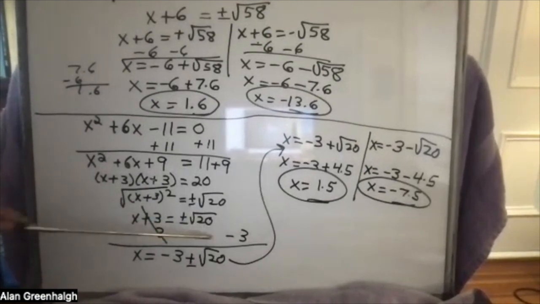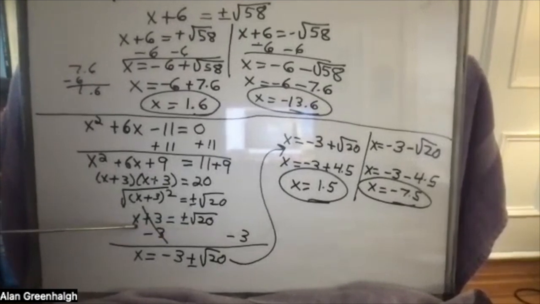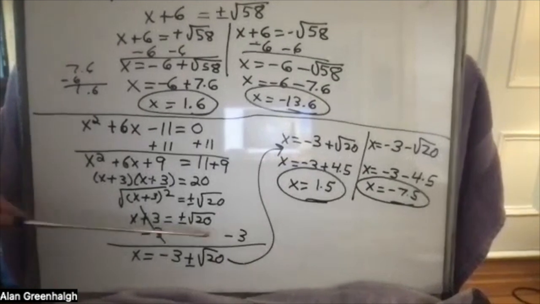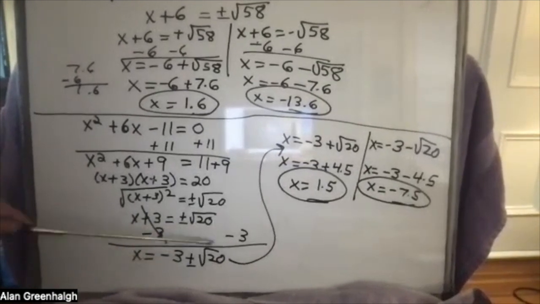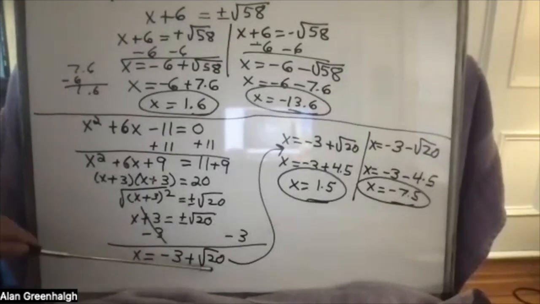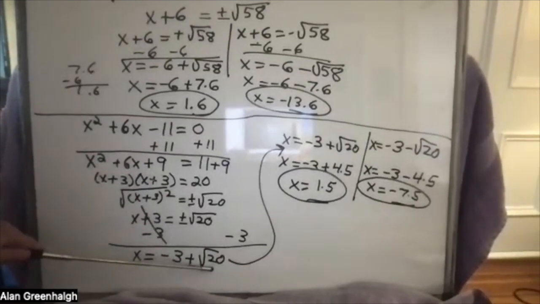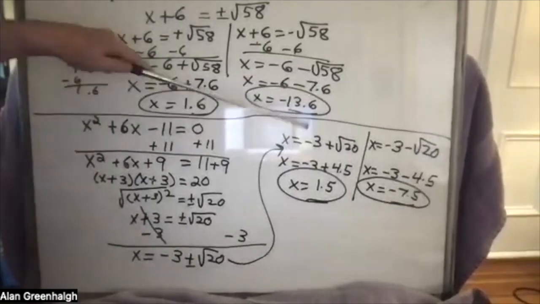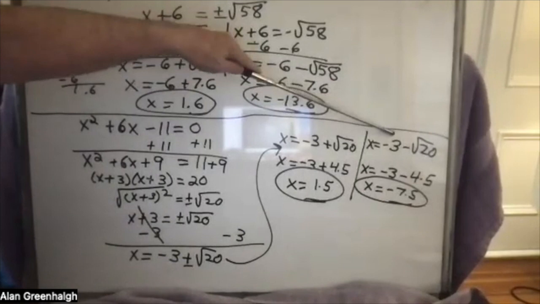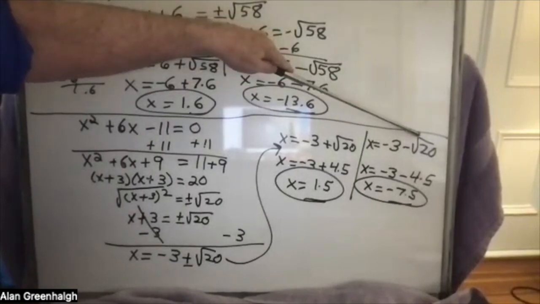I bring over the 3 because I do want to get the x by itself. So I got the x by itself, and it's negative 3, plus or minus the square root of 20, which I then separated into 2 parts. Negative 3 plus the square root of 20, negative 3 minus the square root of 20.